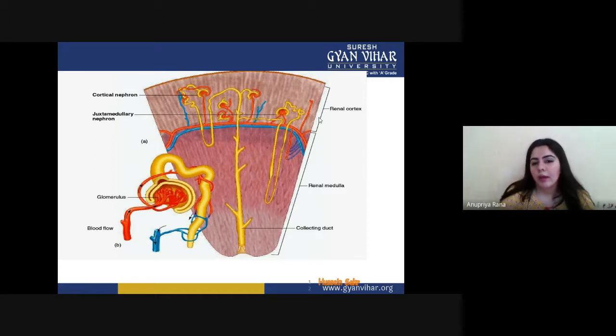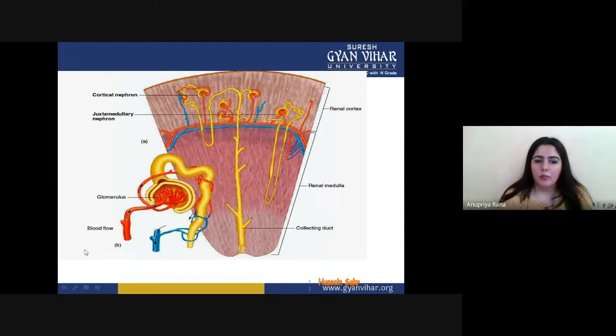More of their part is present in the renal cortex, and they are just collecting all the matter into the collecting duct that is centrally placed between all these nephrons.